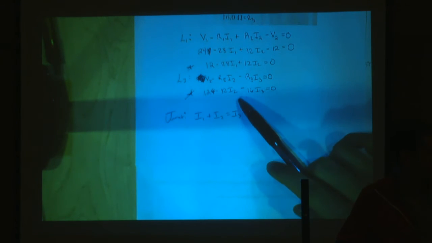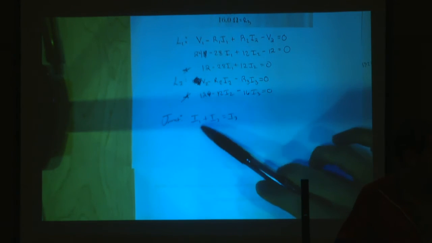Are you solving loop 2 for I3 and then loop 1 for I1? I'm solving loop 2 for I1, but to do that, I'm going to plug this in for I3 to get loop 2 with respect to I1.